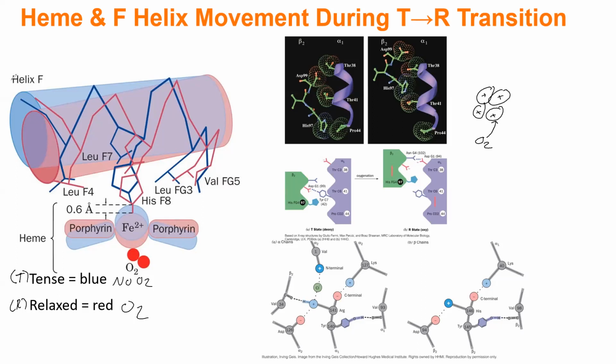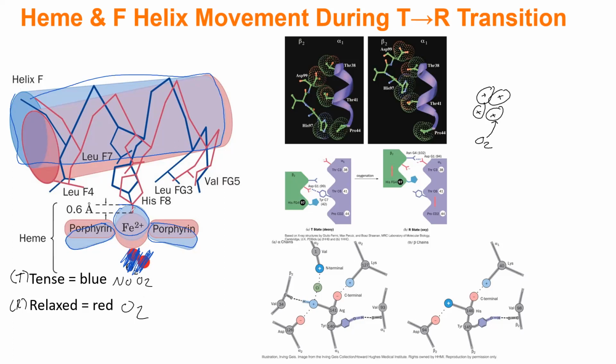Now let's look at the structure of these 2 states. And we're going to begin with the blue. So let me just outline it. Ignore the red for right now. We're just focused in on the blue. And then our F helix up here. And if we're in the tense state, we don't have oxygen yet. So imagine that oxygen is gone, and we're just looking at the heme ring without oxygen there.